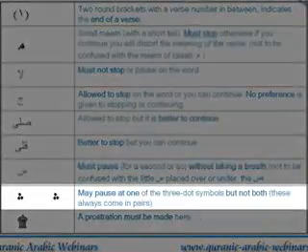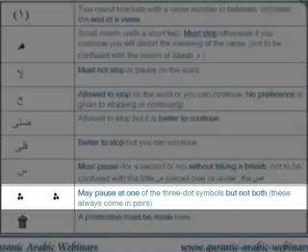And then we have these sets of dots. So you have these 3 dots, and what you'll find is you'll have these in pairs. And effectively it says may pause at one of the 3 dot symbols but not both. And these do come in pairs.